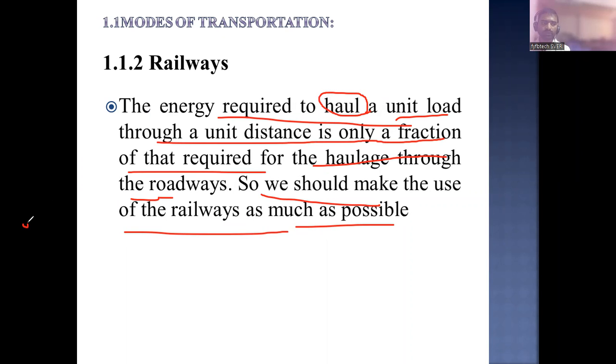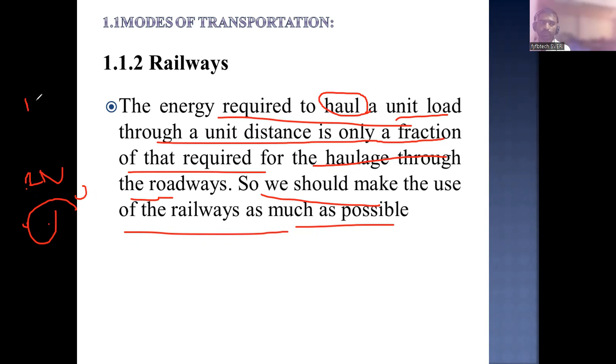So if you want to move from one point to another point, that is movement of a unit load through a unit distance, which is only a fraction of that of haulage through the roads. How much cost is required for the railways? It is a fraction of roadways.